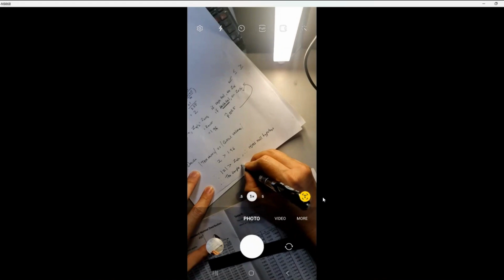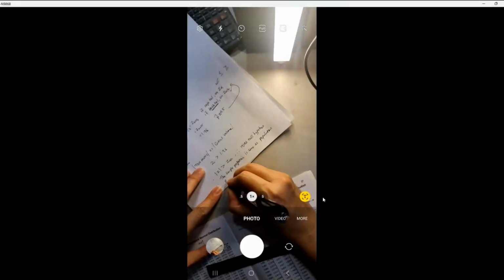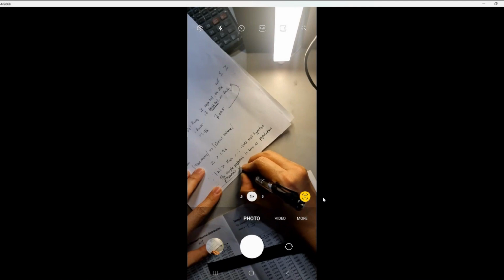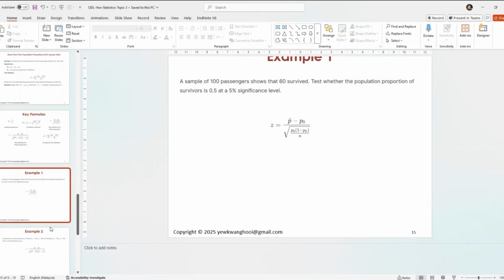Then the sample proportion is same as population proportion is rejected. Okay, so that would be the answer.